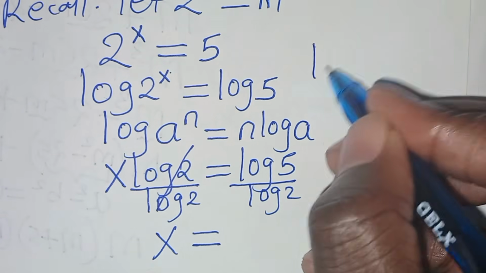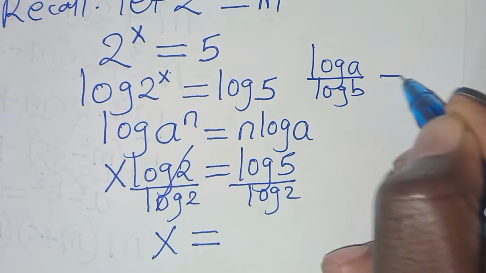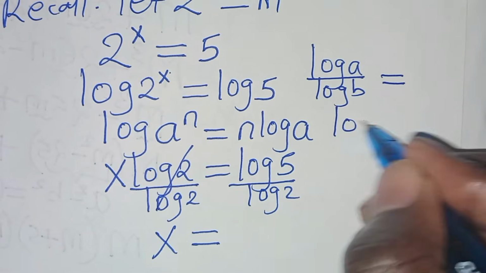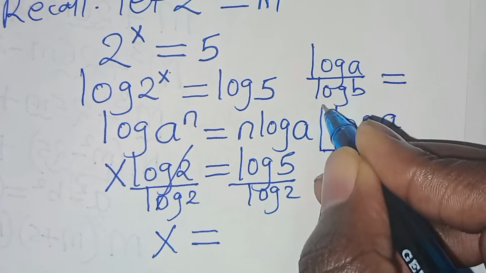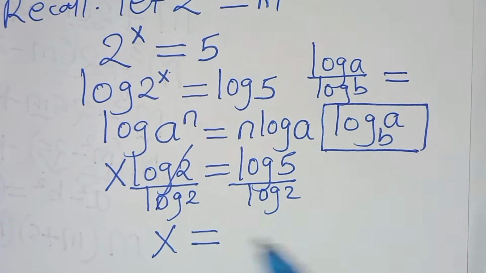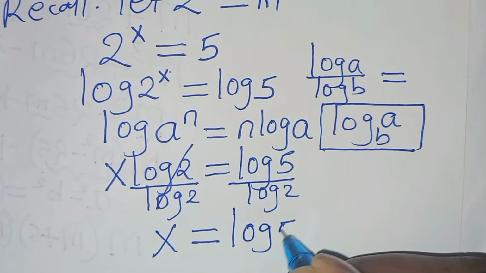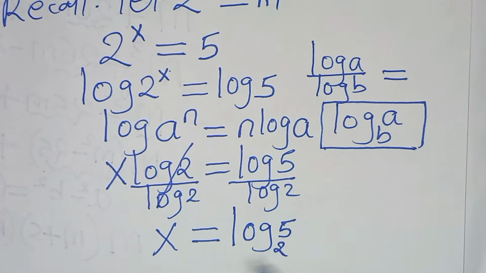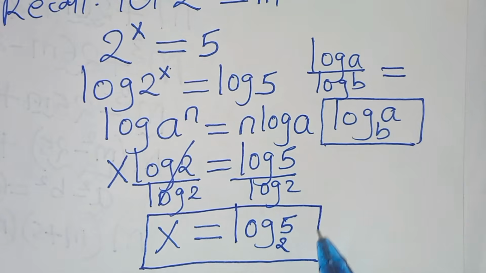This is in the form of log a over log b, which we can express as log a to base b. Applying this logarithm property, we can express x as log 5 to base 2. So this is the value of x.